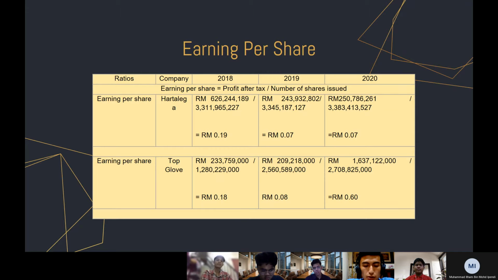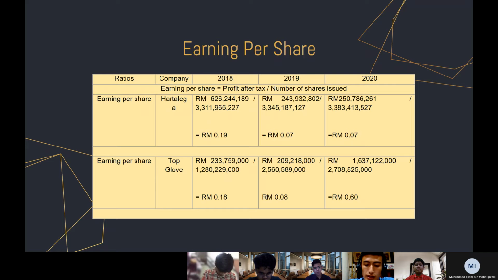However, in 2020, the Top Glove net income or profit after tax is greater than Hartalega's net income or profit after tax.